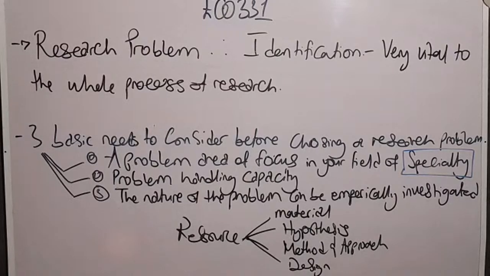Also, we have the review of existing literature. Talking about source, we have experience, and we have review of existing literature. Literatures are books, knowledge passed down by other scholars through books. So this is another good source of identifying a problem area of interest or research problem.